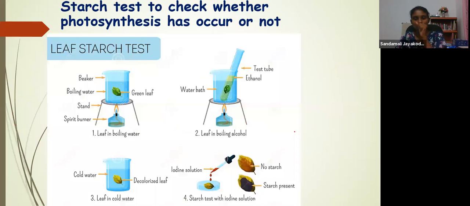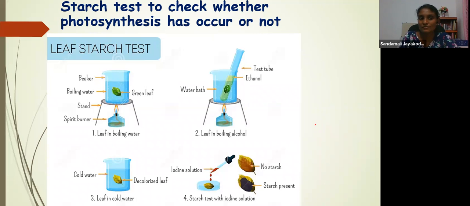And then we are moving to discuss some tests. Until now we have discussed the basic things about photosynthesis. That means what photosynthesis is, what the process of photosynthesis is, how the different raw materials are absorbed, how the different products are formed, and what happened to them at the end.